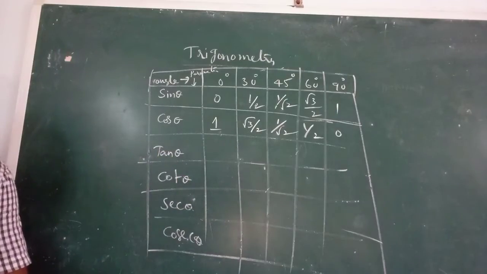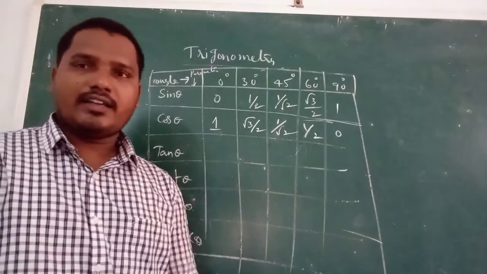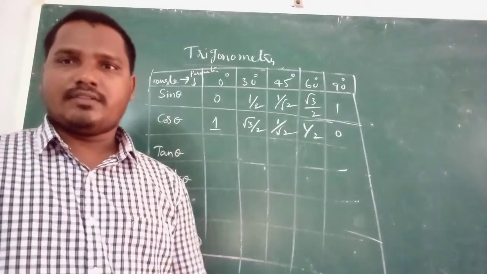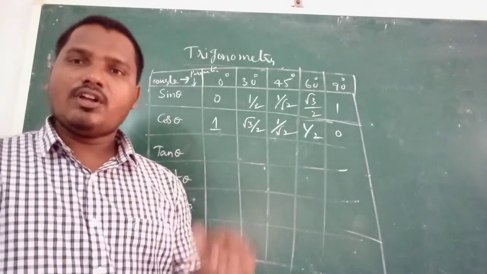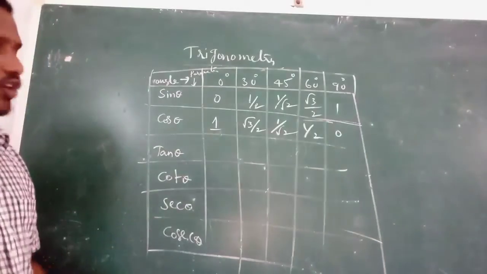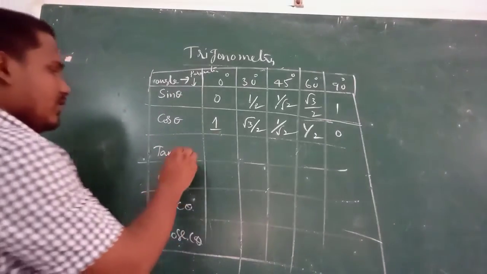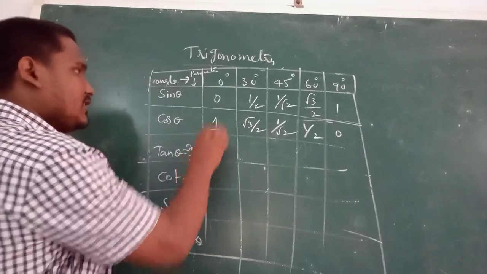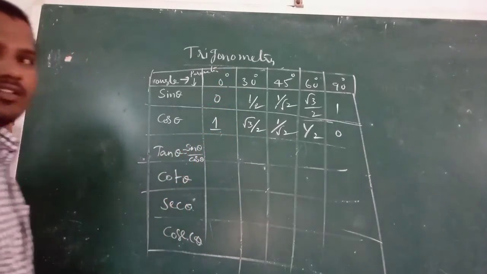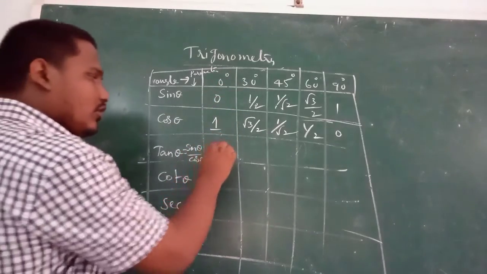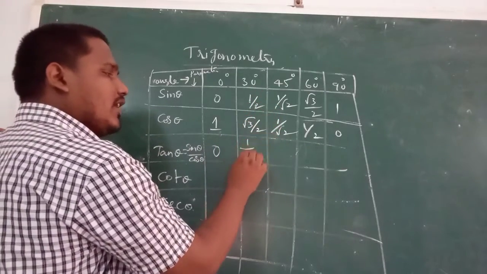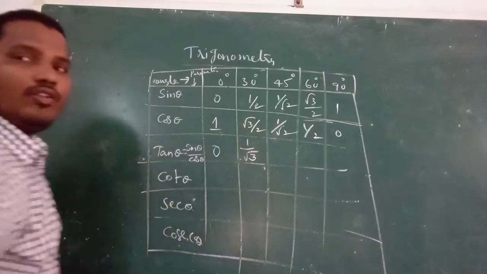What about tan theta? Already I said tan theta is equal to sin theta by cos theta. Then 0 by 1, 0 by anything is 0. 1 by 2 by root 3 by 2, 2 get cancelled. You are getting 1 by root 3.